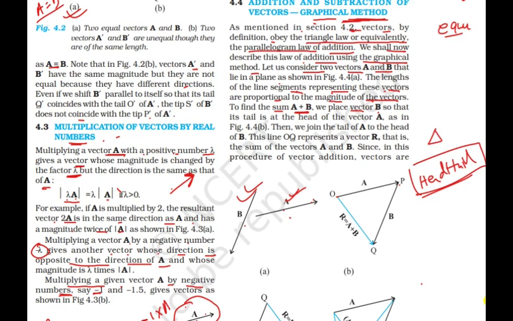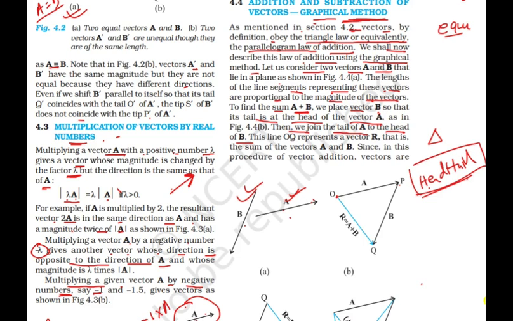We have to connect the head of one vector with the tail of the other vector. Then we join the tail of A to the head of B.